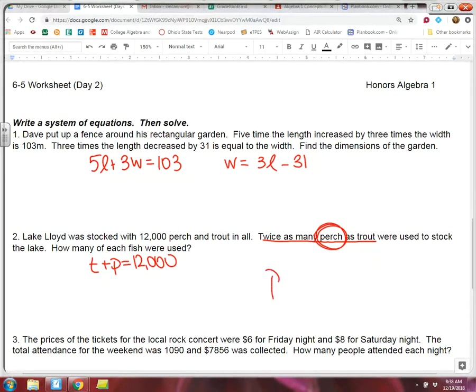So this is going to be P equals 2T. If you had them backwards, then you did T equals 2P. Does that make sense? You see how you had those variables flipped? You have to really read these carefully when they're worded like that. Do you want me to work it out at all?